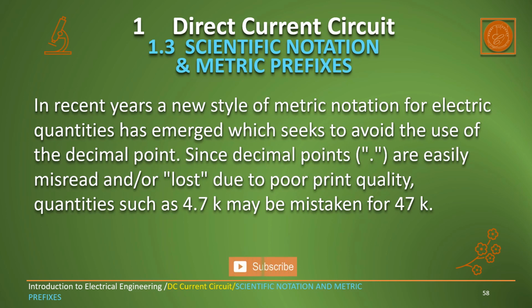In recent years, a new style of metrical notation for electrical quantities has emerged, which seeks to avoid the use of the decimal point. Since decimal points are easily misread and or lost due to poor print quality. A quantity such as 4.7k may be mistaken for 47k.